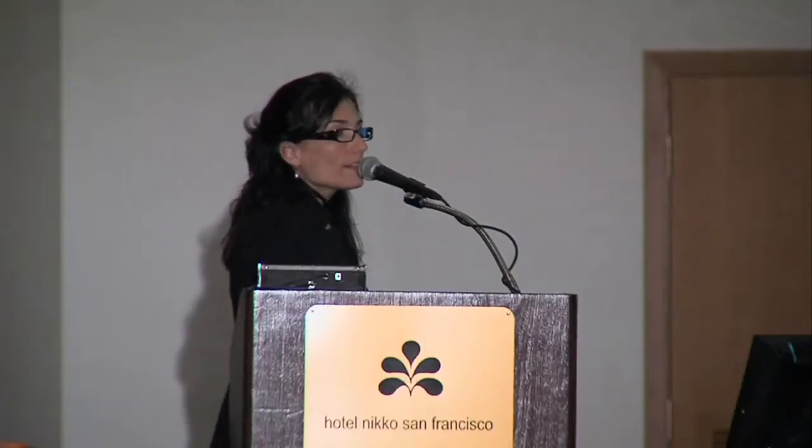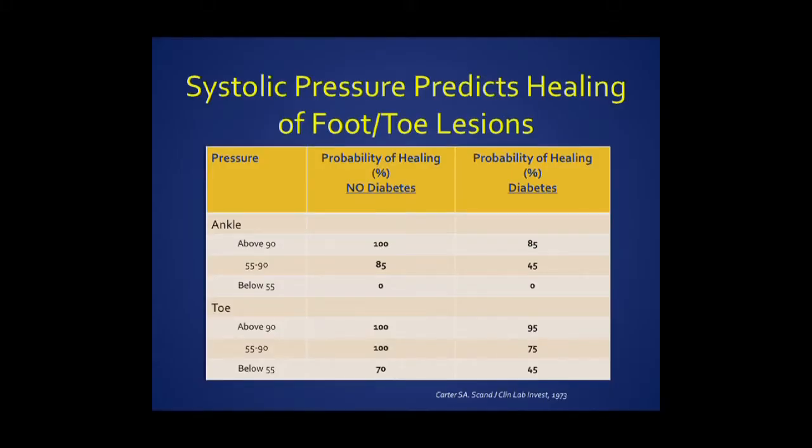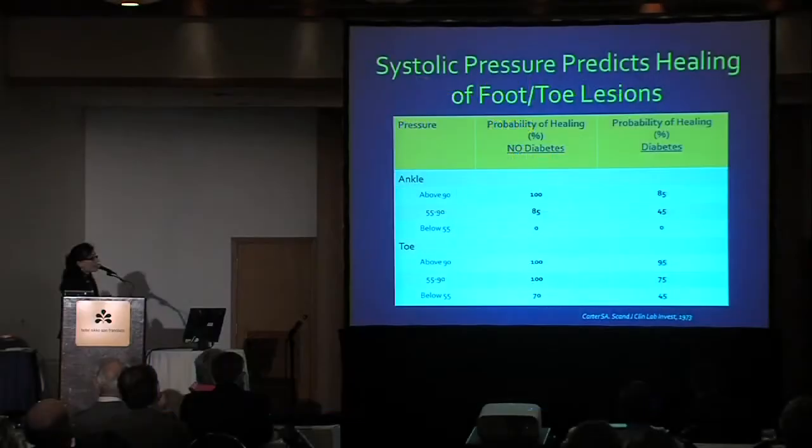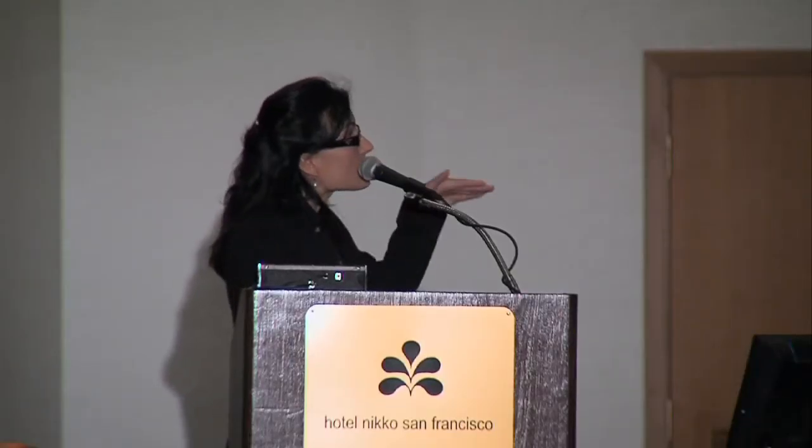So what types of pressures do we need for healing? This is a classical study that demonstrated that whether patients had diabetes or not, at any ankle or toe pressure level, patients with diabetes are going to have a much lesser chance of healing, and that underlined the problem of healing with the same pressure.